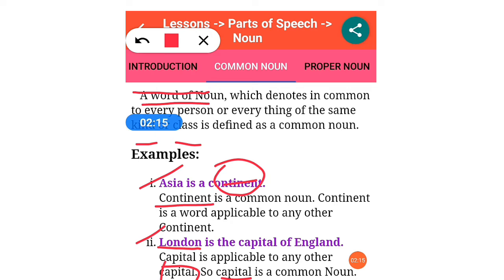Capital is a word which we can use for Delhi, which is the capital of India, and we can also use it for London, which is the capital of England. Here the word capital is used in both cases. In various cases the word capital can be used in the same context. Therefore we have to say that capital is a common noun.